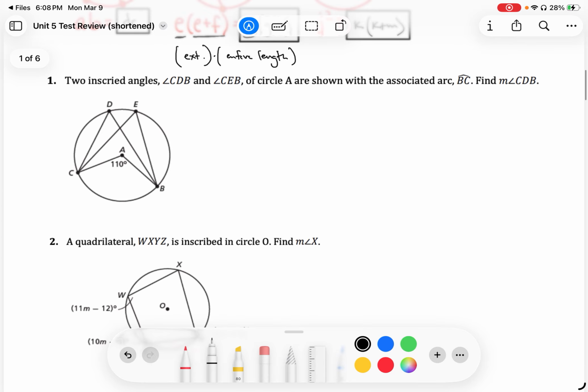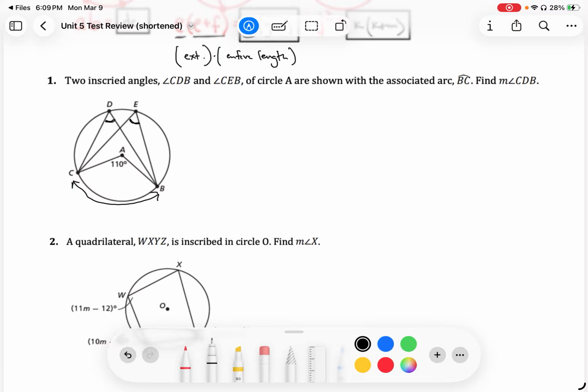All right, inscribed angle CDB and angle CEB of circle A are shown with the associated arc BC. Find the measure of CDB.